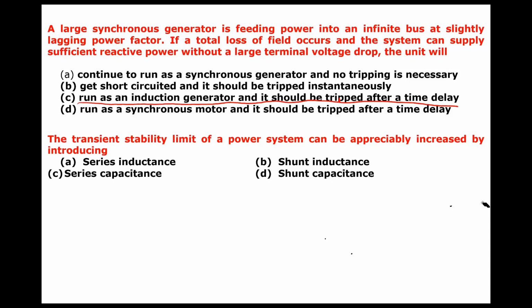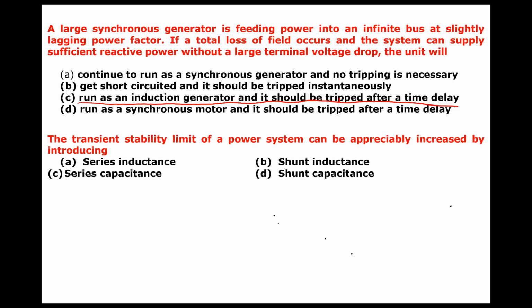Transient stability limit can be appreciably increased by introducing what? What we have assumed is that during the fault, the transfer reactance drastically increases. The highest transfer reactance is X2, the transfer reactance during the fault. To reduce the transfer reactance during fault, who will help us?